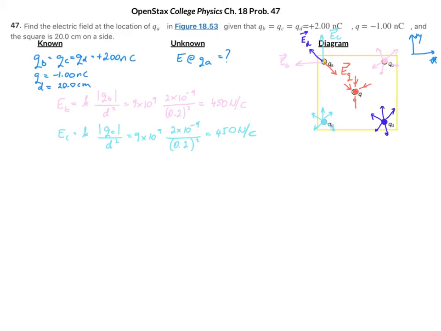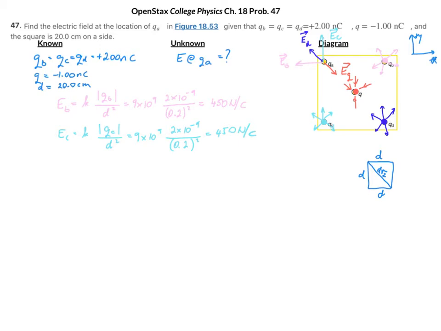Well, let me just draw a small square over here. I know that the side is D, which makes the diagonal the square root of D squared plus D squared, or D root 2.